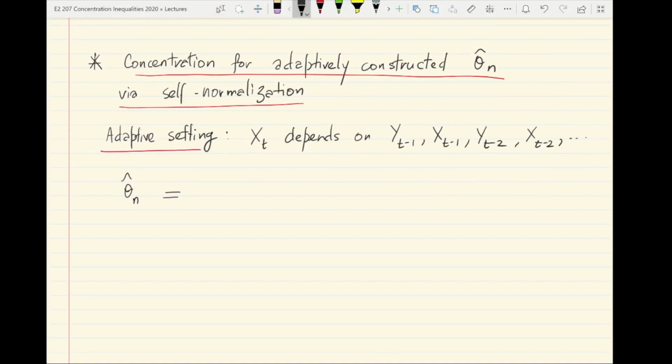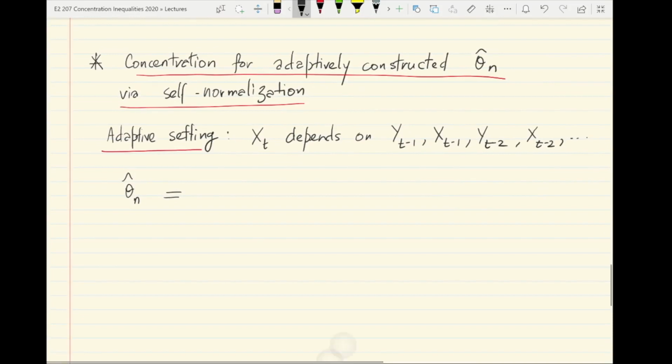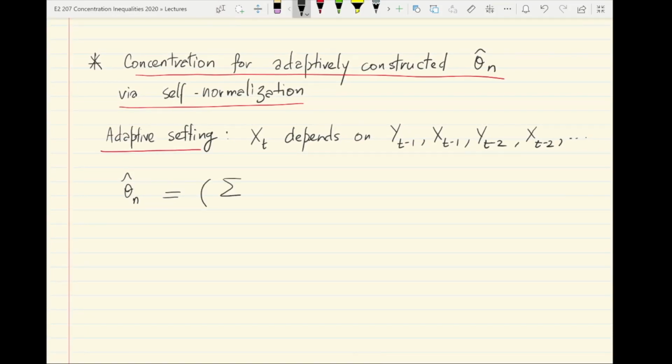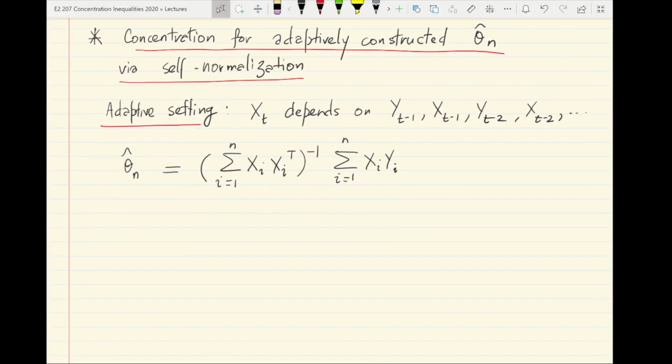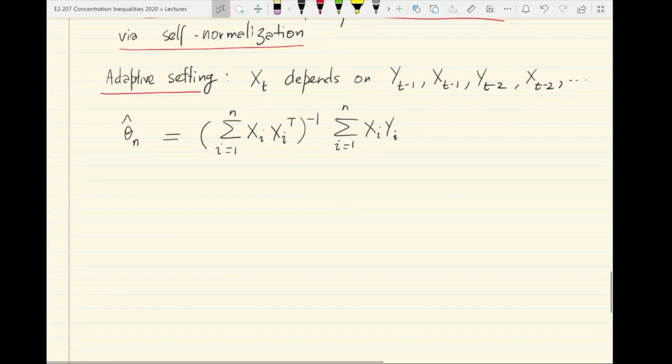So let's start by rewriting theta hat n in a slightly different form. Recall that theta hat n was defined as the inverse of the summation from i equal to 1 to n of xi xi transpose, times the sum of xi yi. Note that the xi's are now in capital letters because they can be random in the adaptive setting. We'll still call this Vn. However, Vn is a random matrix now.